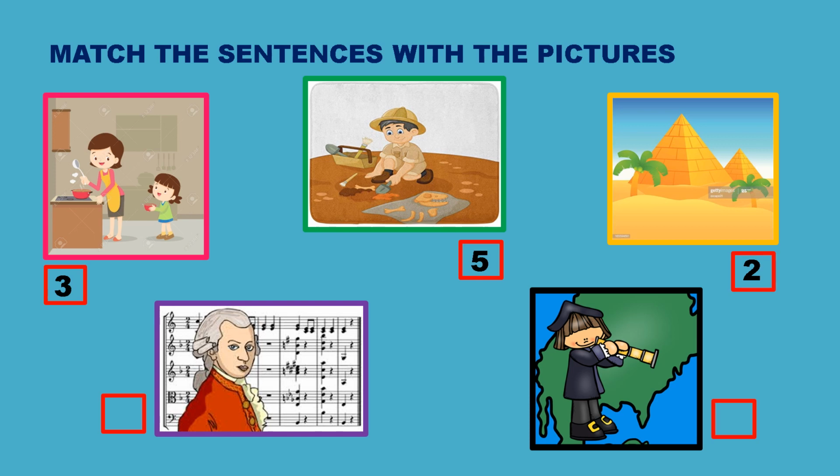Can you remember the sentence? Of course, number 4. Wow, great memory, children. And obviously, we were talking about Christopher Columbus and his discovery. Yes, it was number 1. Excellent, my children. You are very, very intelligent students.